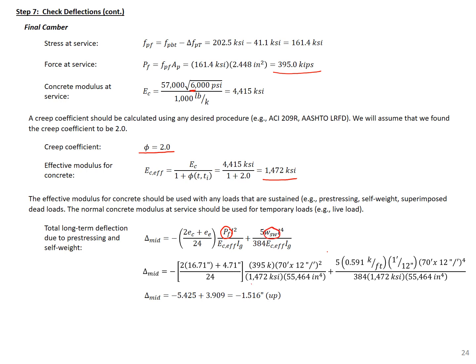So we're going to use our effective modulus for both of those loads. Here you can see the final camber, including the pre-stressing and self-weight component, is going to be 1.5 inches up. So over time, the beam is going to continue to deflect upward about 1/2 inch compared to the initial camber.